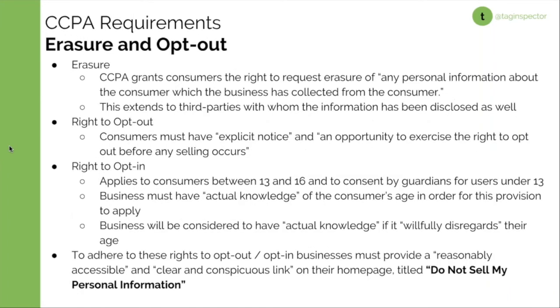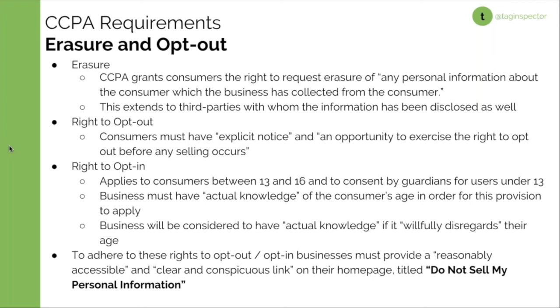Some additional requirements here: erasure. Users have a right to have their information erased. The right to opt out must be very easy to exercise, and they must understand how to do so. Once someone opts out, you can no longer collect information about that user for 12 months, until you can even ask to do so again.